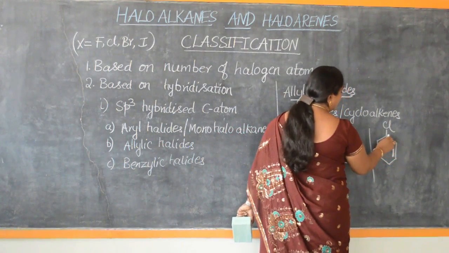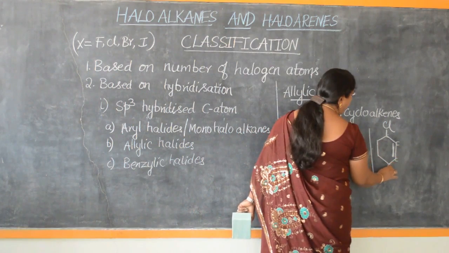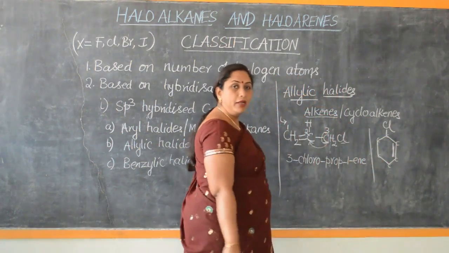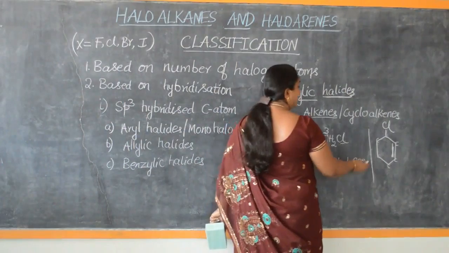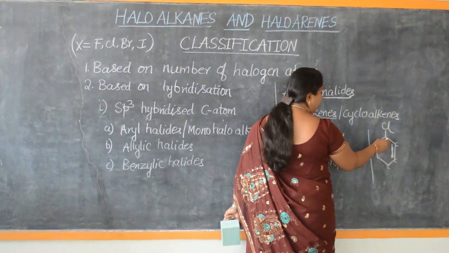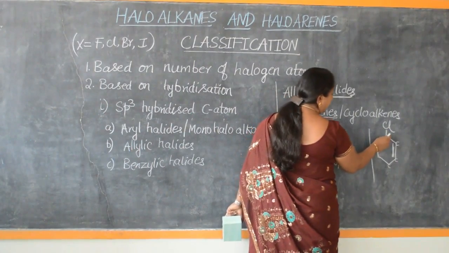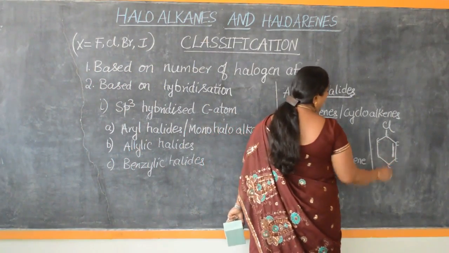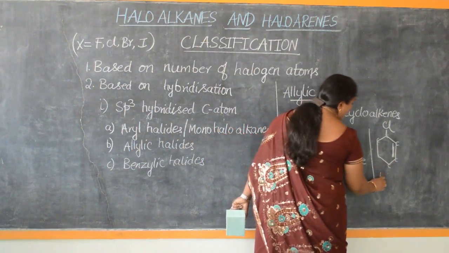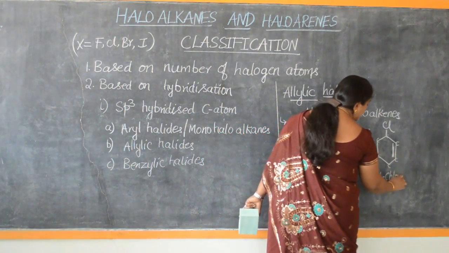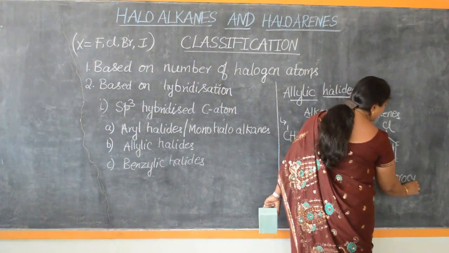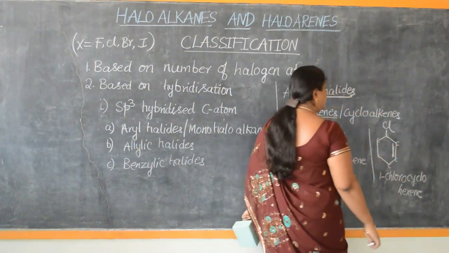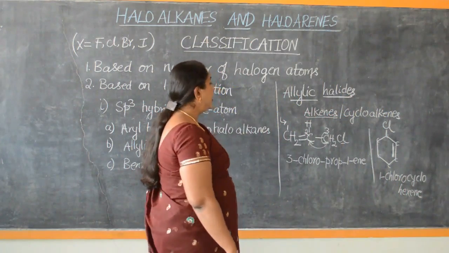Now look at the case. This is the location of the carbon atom. The corners of the ring are occupied by carbon atoms, and the halogen is attached to the carbon atom which is saturated, in turn is attached to the carbon atom involved in the double bond. Therefore, what is the name of this compound? 3-chlorocyclohexene. So that's about allylic halides.